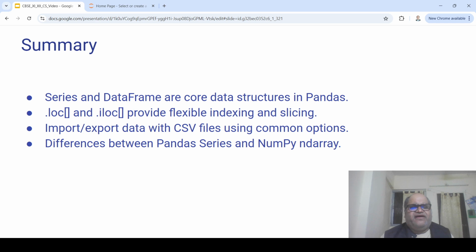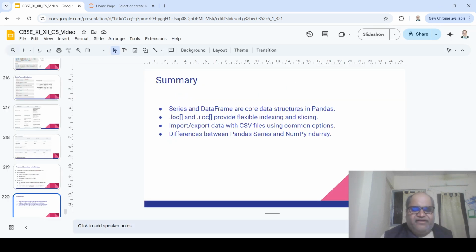So far in this particular case, we talked about data frames. We introduced series as well as the data frame, and so basically we have covered the core concepts of Pandas, including data structures, how to import and manipulate data, and perform aggregation.